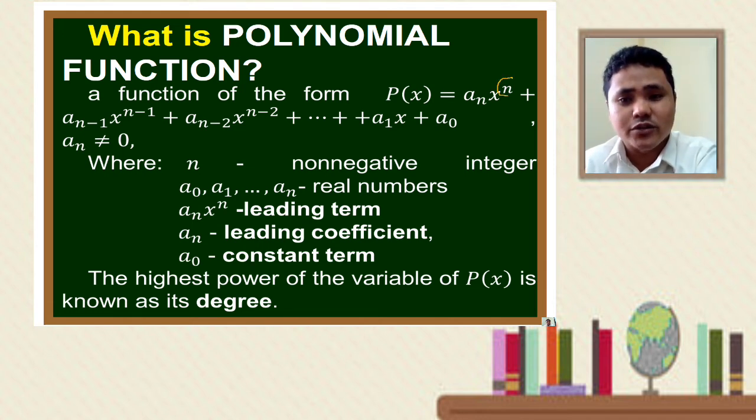It's non-negotiable, no? Our n here and our n here are non-negative integers. Diba? Sa polynomial, it should be positive integers or positive whole numbers.